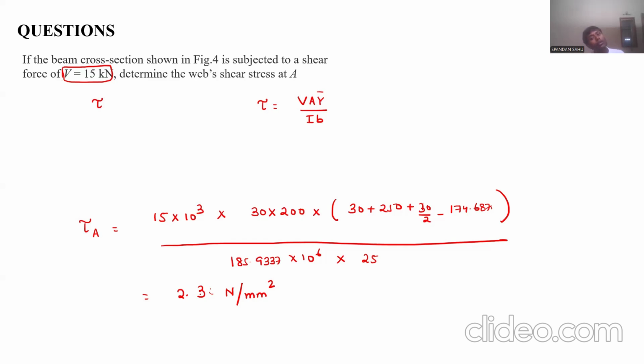Then you can calculate the neutral axis, moment of inertia, all those sectional properties. After calculating those, you can calculate the shear stresses and bending stresses or normal stresses that are coming in that cross section of the flexural member or beam member.